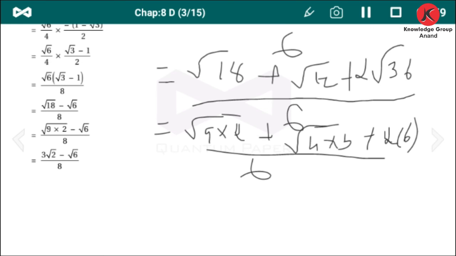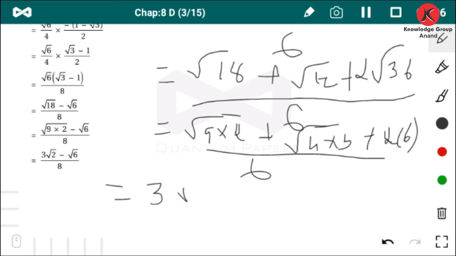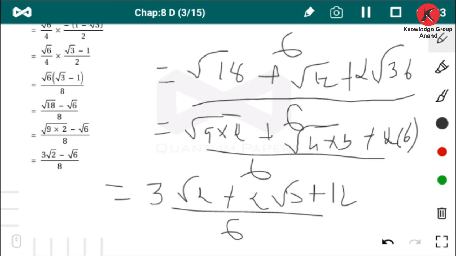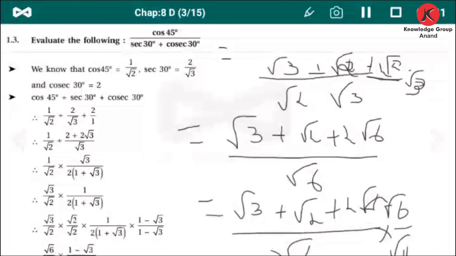Then we write 3 root 2 plus 2 root 3 plus 12 upon 6. Here in our multiplication we also have 2 plus 2 root 3.